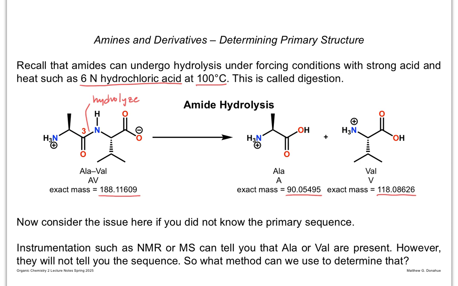However, we still don't know the primary structure. We've only identified the constituents. We don't know their sequence. Instrumentation such as NMR and mass spec can tell you that those amino acids are present, but they don't tell you the sequence. So what other methods can we use to do that?